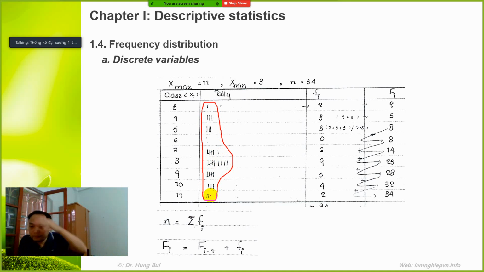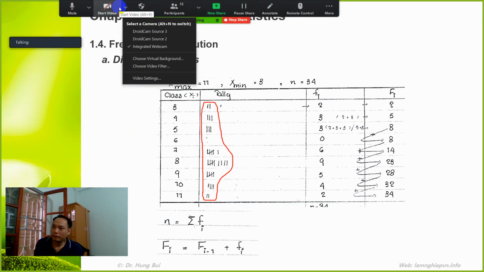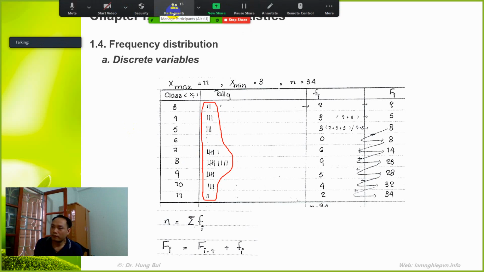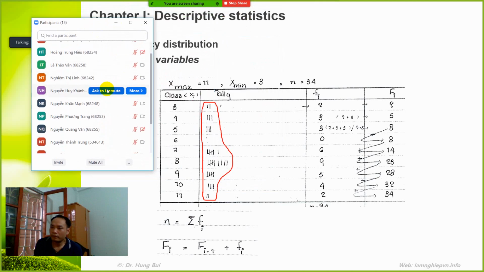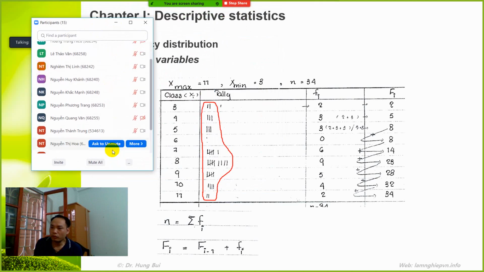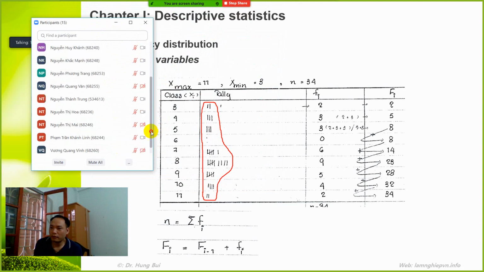Hurry up. Do you finish? Chung, do you finish? Almost, okay.